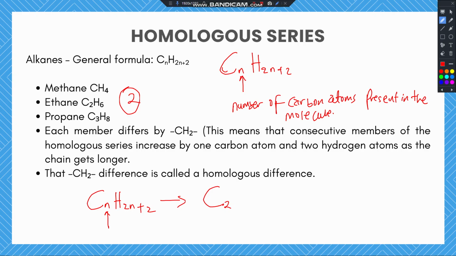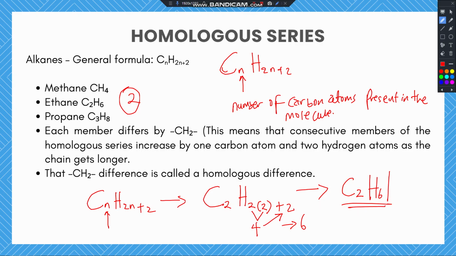So it becomes C2H2, and instead of n, we put another 2, then plus 2. Altogether, this becomes C2H, 2 times 2 gives us 4, plus 2 gives us 6. So we have C2H6. This is the molecular formula for the alkane that we just solved for.